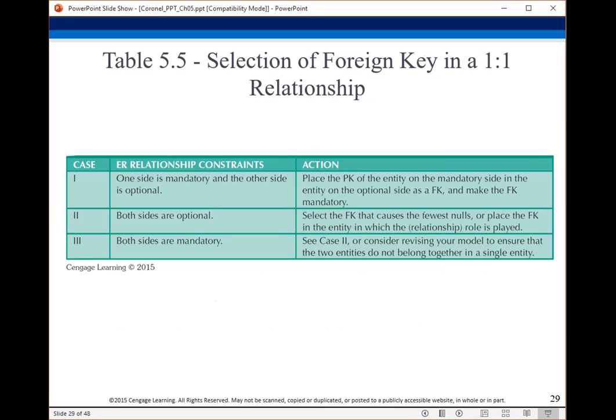One of the old rules of thumb is, which table donates the primary key to the other? You would do an analysis of which one would create the fewest nulls.